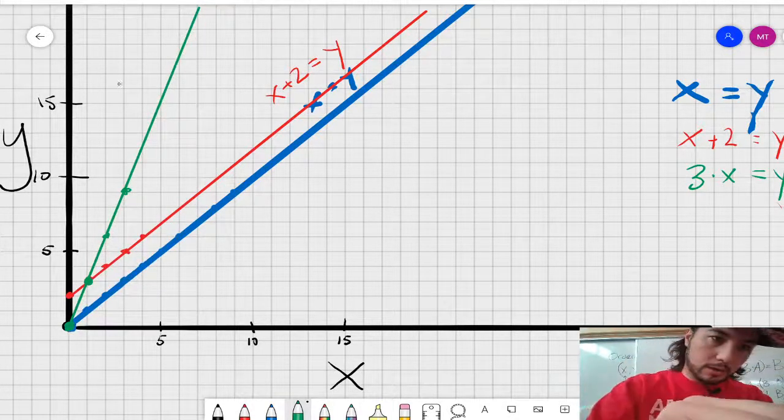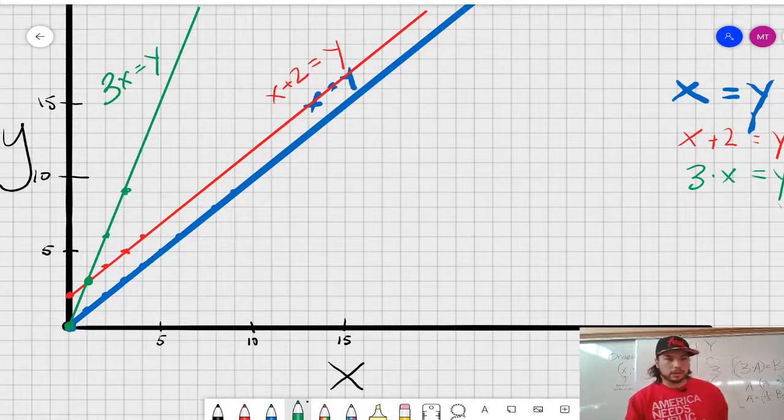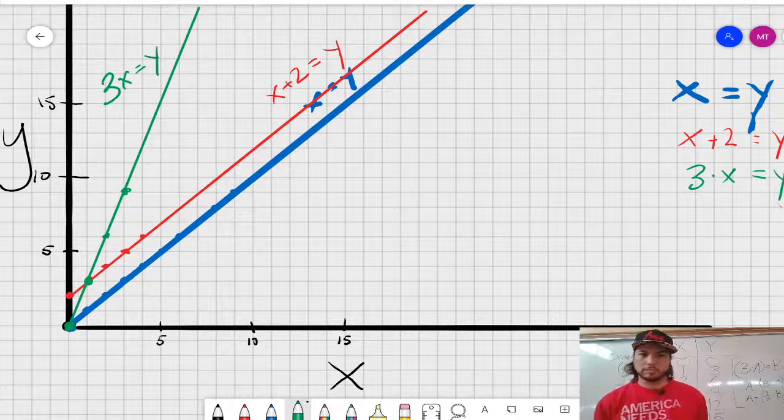So here is our 3x equals y. What do we notice about this line? Way steeper, huh? Different slope, definitely not parallel to the red and the blue. How interesting.